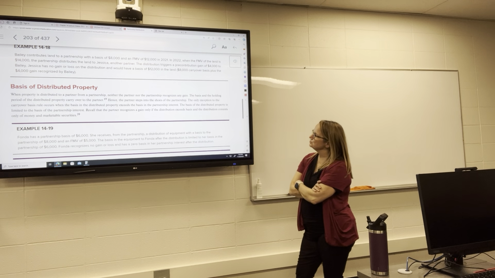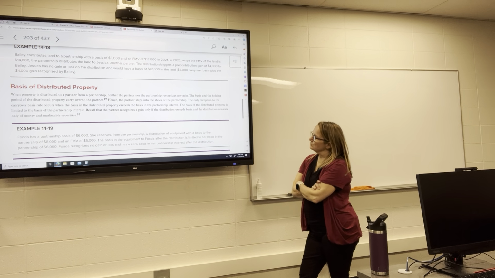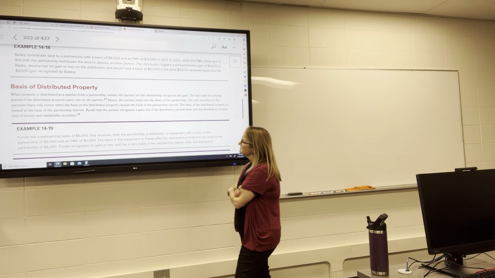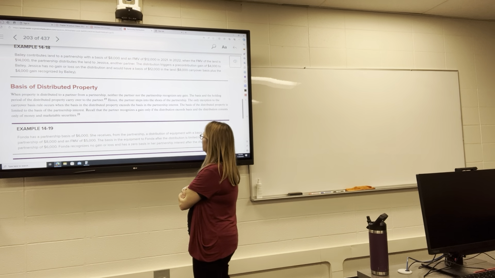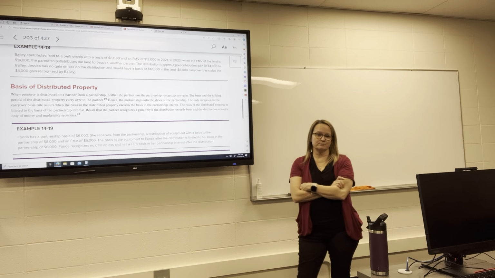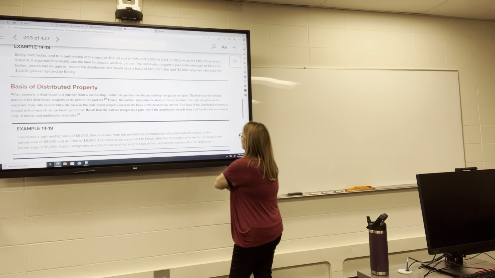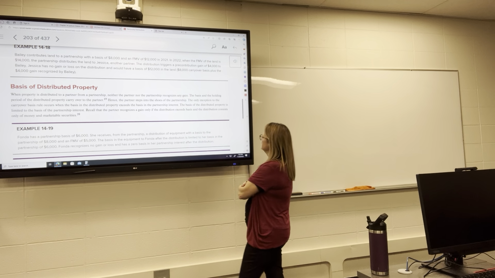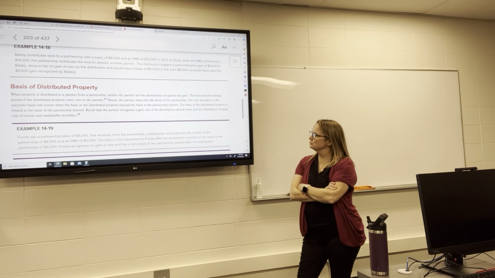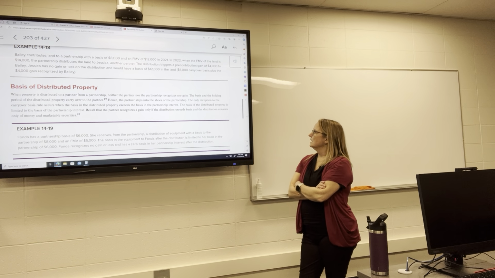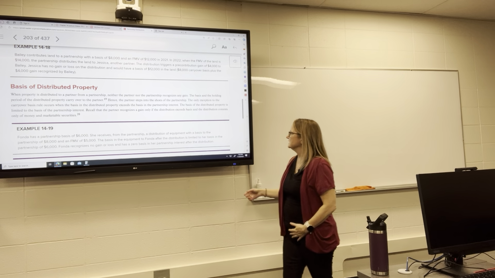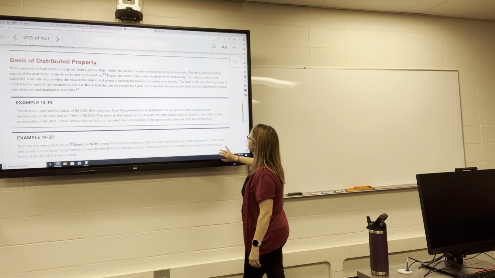Partner steps into the shoes of the partnership. The only exception occurs when the basis in the distributed property exceeds the basis in the partnership interest. So again, we're withdrawing more than we have in our bank account. We're overdrawn. The basis of the distributed property is limited to the basis of the partnership interest. Partner would recognize a gain only if the distribution exceeds the basis.